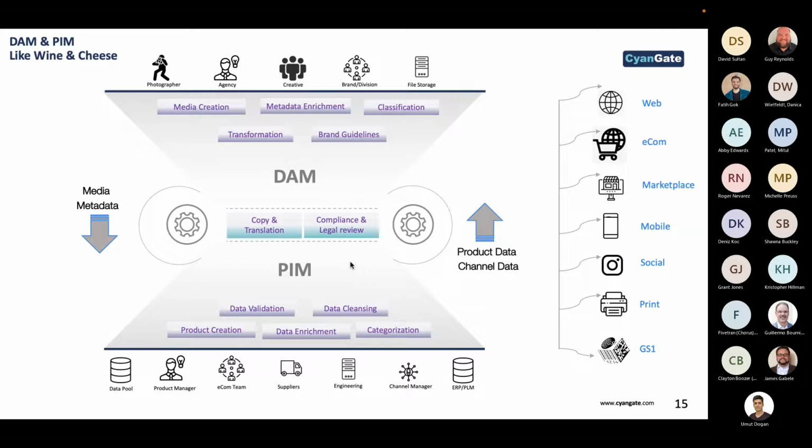So if we start at the top, where you look at it from a DAM system perspective, and this is not all the users, these are some of the users, but in a DAM system, typically you'll find photographers, agencies, creative people, brand or division managers, and a connection to your file storage. And this is where your media creation happens, your metadata enrichment happens, your classification of this is an image, this is a video, all the different classification about the imagery happens.